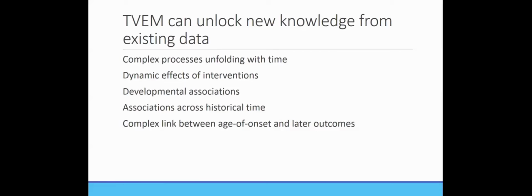And I think the complex link between the age of onset of a behavior or a phenomenon can be studied with respect to health outcomes and problem behaviors and so on. So we've done a little bit of work linking behaviors and looking at them as a continuous function of not time and not age, but actually across age of onset. So there's a lot of new questions that could be unpacked with TVEM.